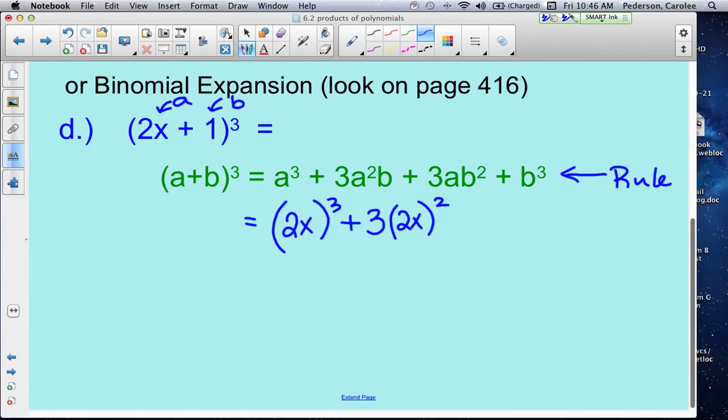And then you multiply it to B. And remember, B is your value of 1. Plus 3. And then times A, which is 2x, and then B squared, which is 1 squared, and then plus B cubed, which is 1 cubed.